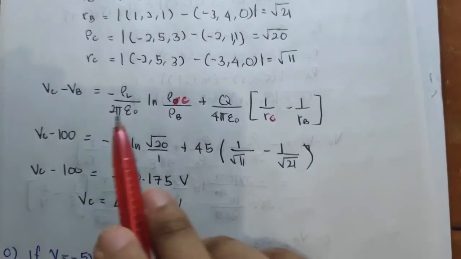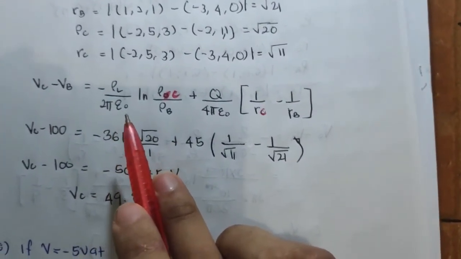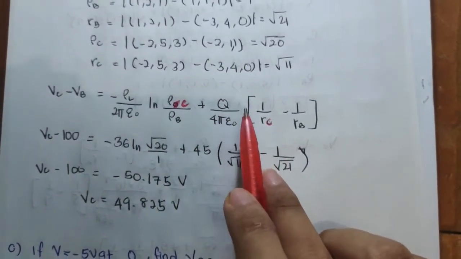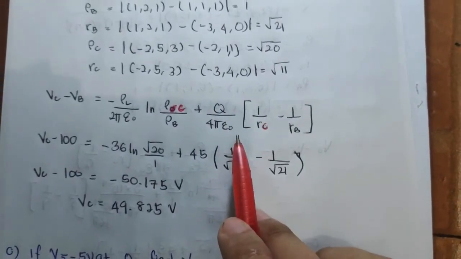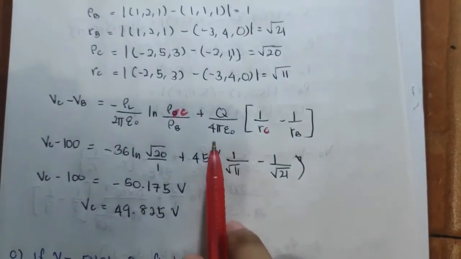VC minus VB equals negative rho L over 2 pi epsilon naught ln rho C over rho B plus Q over 4 pi epsilon naught times 1 over RC minus 1 over RB.